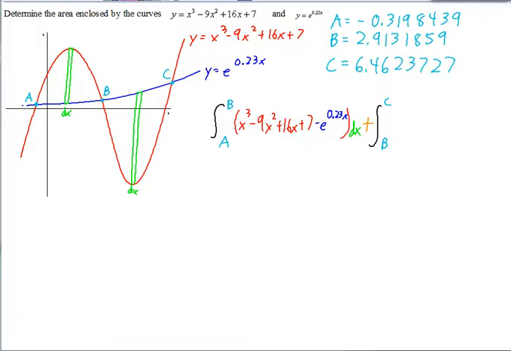So e to the 0.23x minus this whole thing, x cubed minus 9x squared plus 16x plus 7, and all times dx.